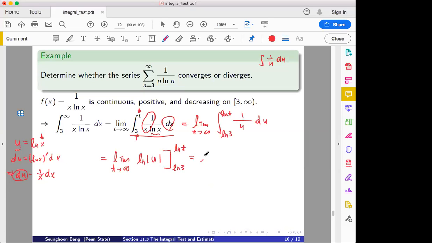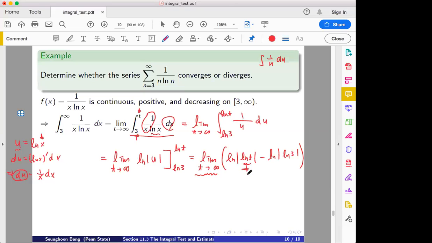The next, plug. As t approaches infinity, you can plug ln of t into u: ln of the absolute value of ln of t, minus ln of 3.